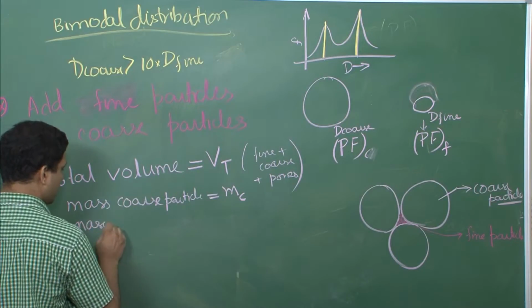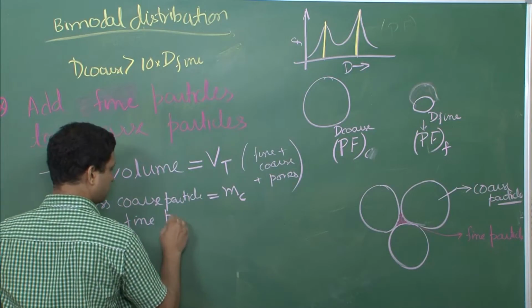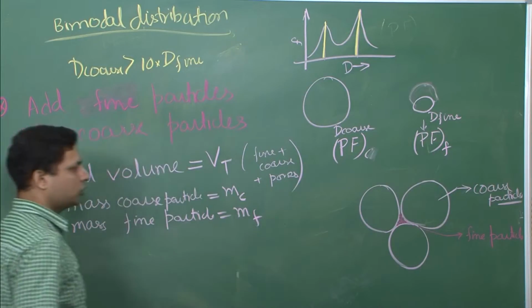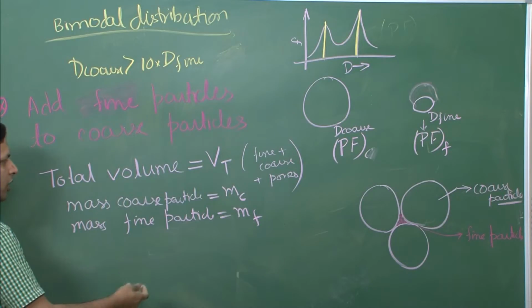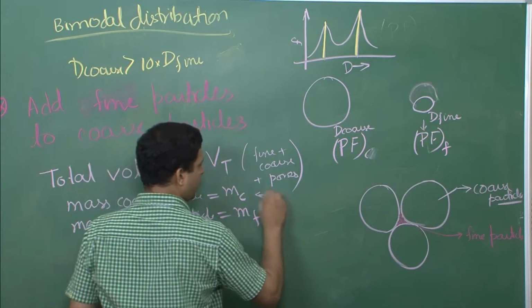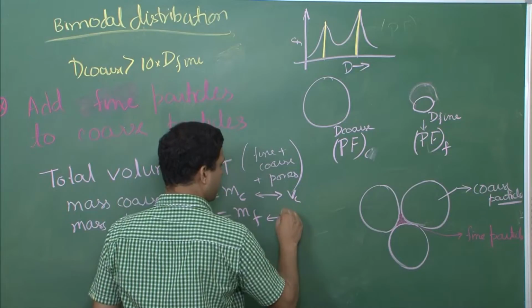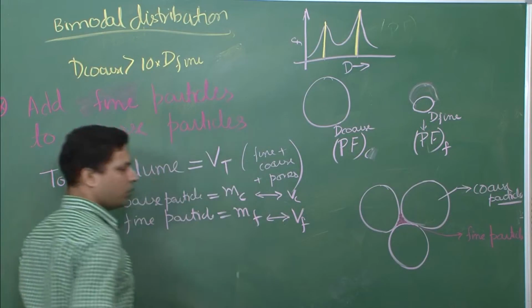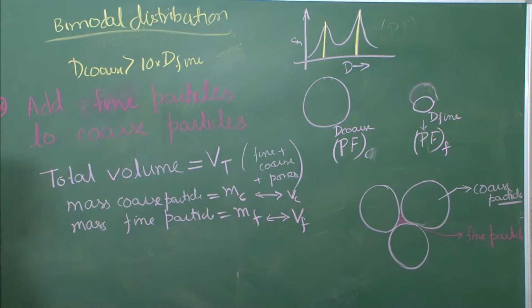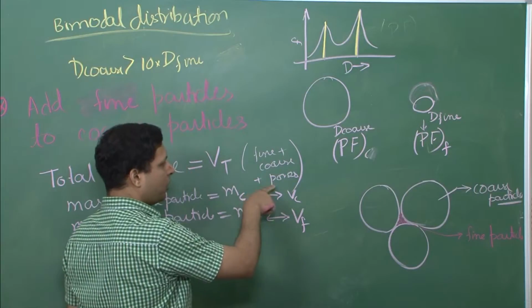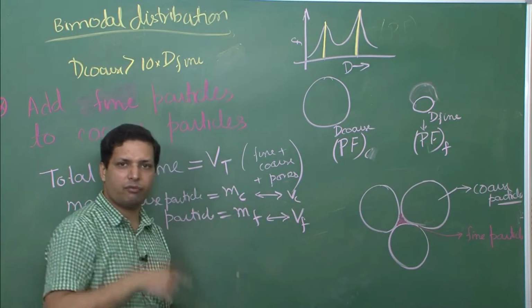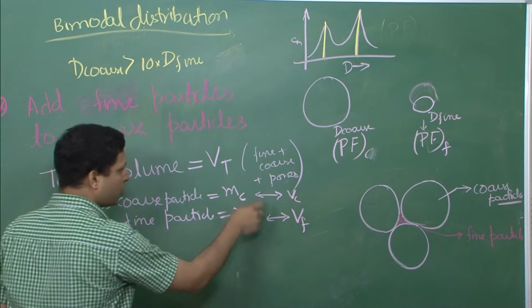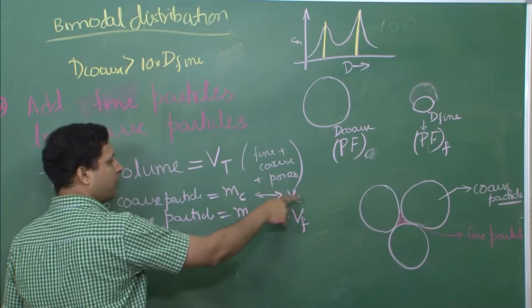Similarly, you will have the mass of the fine particles, and corresponding to that there will be a Vc, meaning volume of the coarse particles, and a fine particle volume, which is Vf. And remember, Vc plus Vf is not equal to 1 because there are still some pores. So Vc plus Vf plus V pore is equal to Vt; we are not looking at a ratio here.